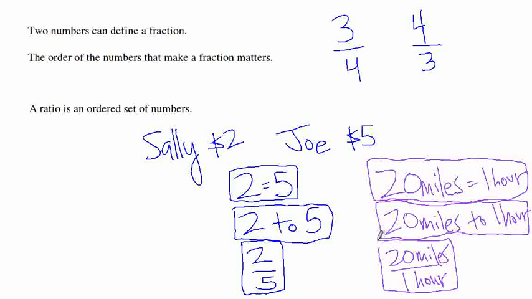Okay, you have a different purpose. You see that? So a fraction is a ratio. It's simply one type of ratio, but there are other types. A ratio is a more general idea. That's how they're related. Okay?